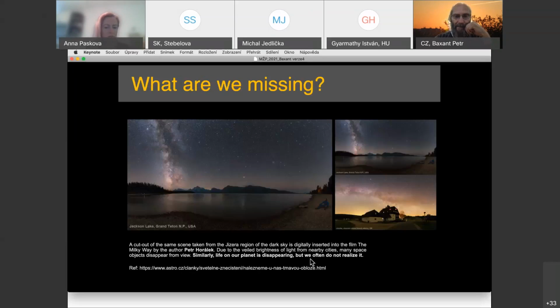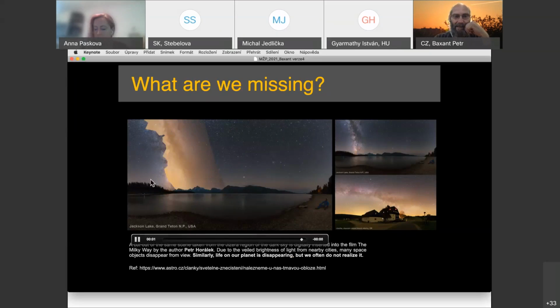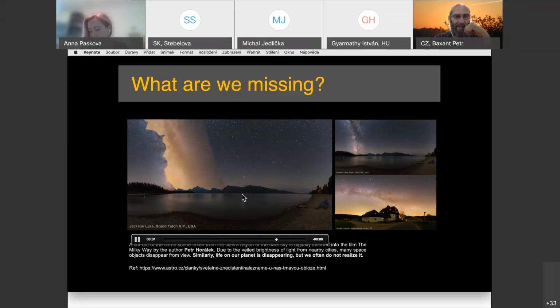If we use public lights, there is some animation of how the Milky Way can look from Jackson Lake, and how we put part of the picture from the Izerska observatory region into this picture, to show how the luminance of the sky looks compared to the luminance originally in Jackson Lake, where the effect of public light isn't present.